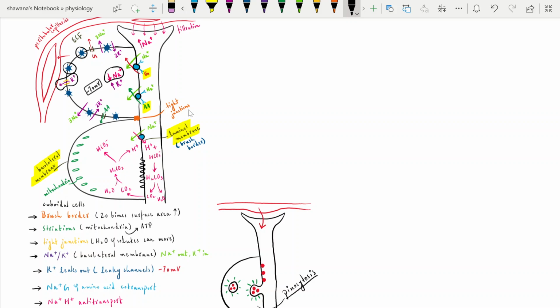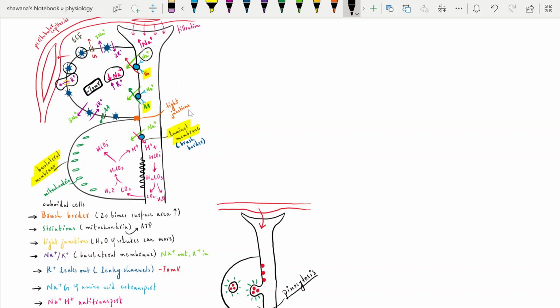It makes the cell inside minus 70 millivolt. It makes inside of the cell negative, right? Because sodium has been moving out and potassium also been leaking out, so the inside of the cell becomes even more negative. This negative is a electrochemical gradient for the sodium inside the lumen.